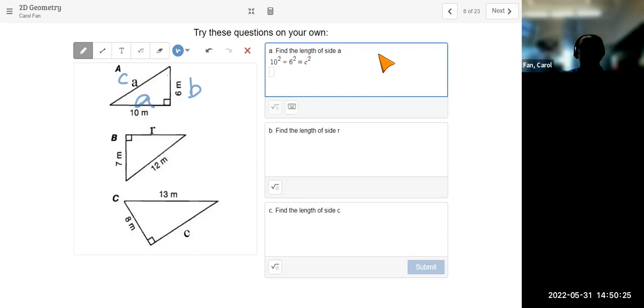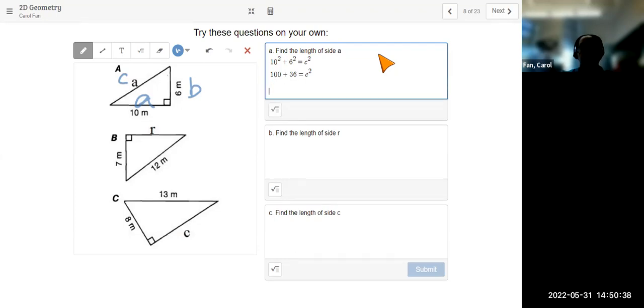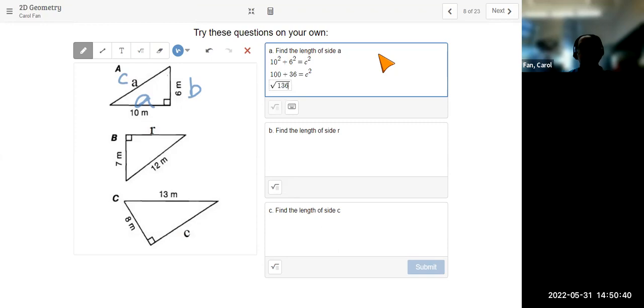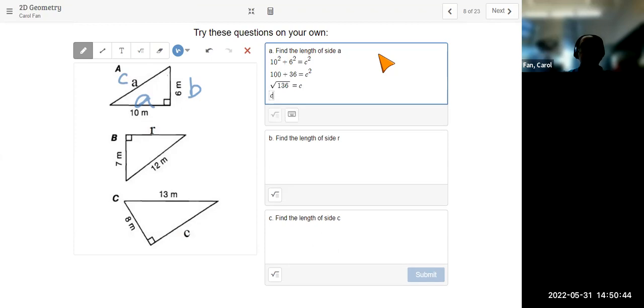On the left side, I have 100 plus 36 is equal to C squared. Now, for me to undo the C squared, I have to take the square root of the other side. So square root of 136 is equal to C, and C is equal to a rounded answer of 11.7.